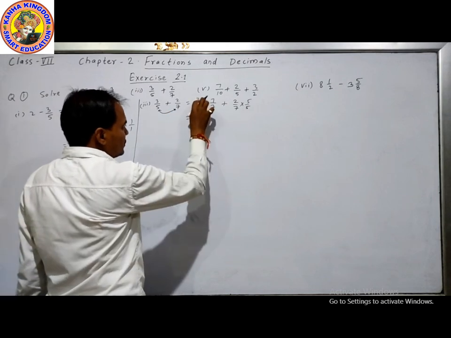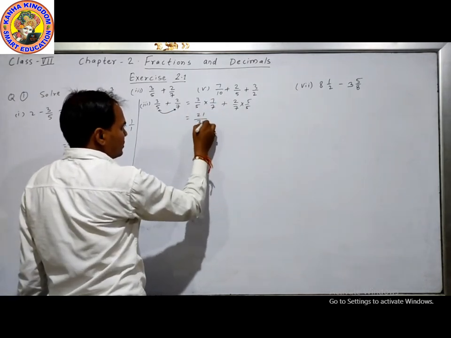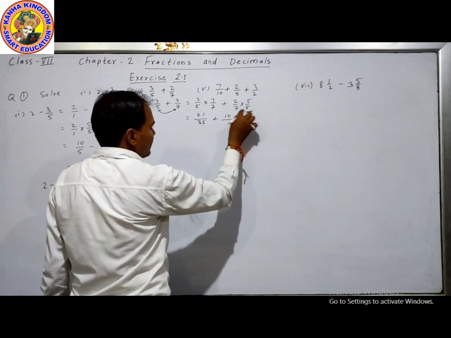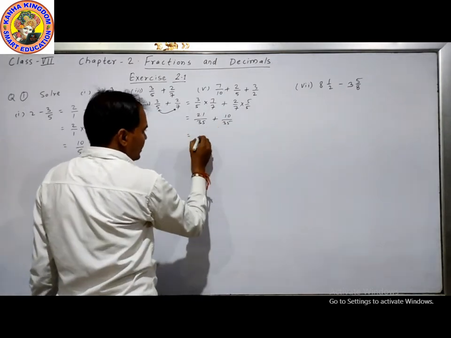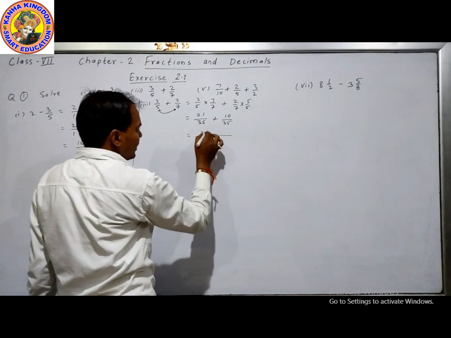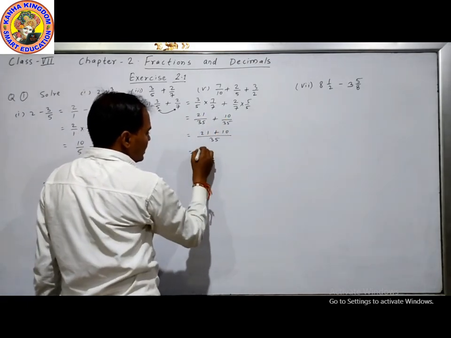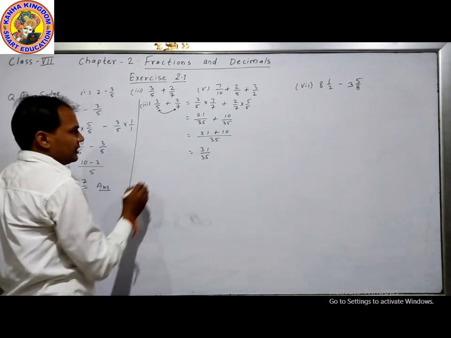So 3 into 7, 21, 5 into 7, 35, 2 into 5, 10, 7 into 5, 35. The denominator is equal. This is 35, numerator 21 plus 10. This is 31 upon 35.